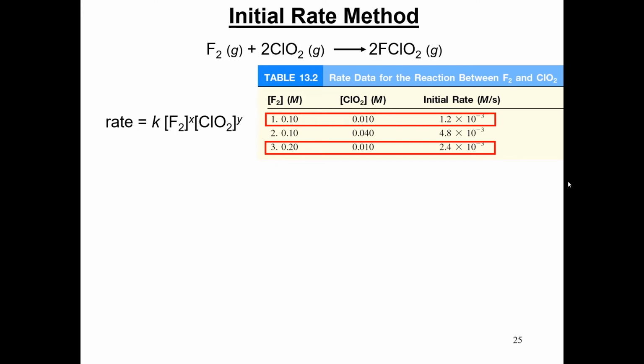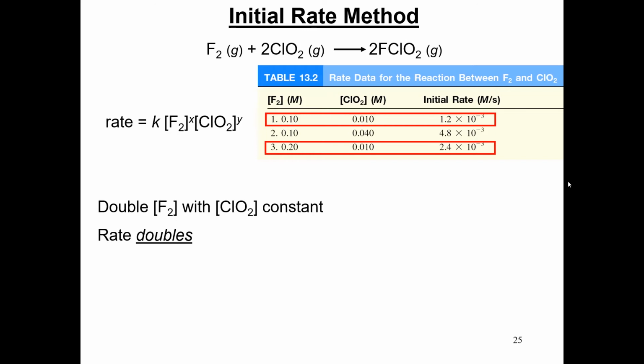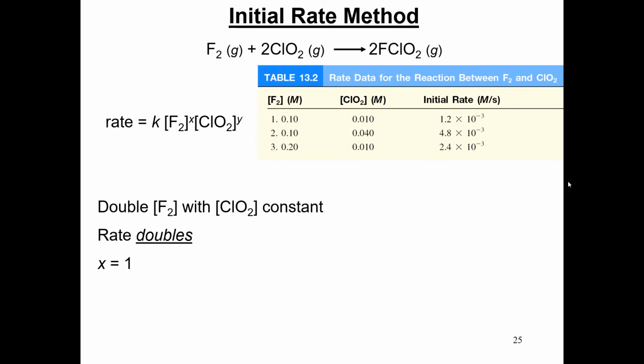For example, in this case, where we compared reaction set 1 and reaction set 3, we can see that while maintaining ClO2 concentration constant, if we double the concentration of fluorine, the rate doubles. So that means that doubling one reactant causes the rate to also double, meaning that they have essentially a first order relationship.